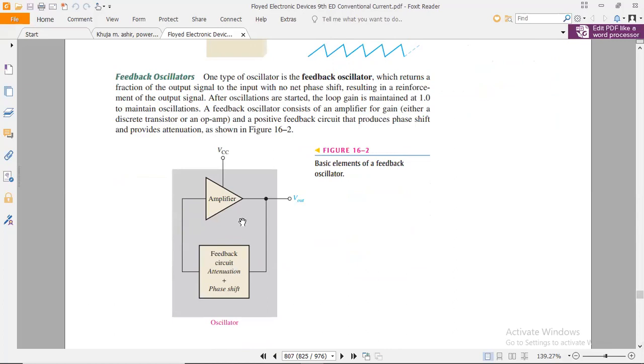We can see that the amplifier is connected with the feedback circuit with attenuation plus phase shift features, in which we take feedback from the output side and provide it to the amplifier. This way we can control the output as an oscillator, providing a VCC supply as a source to the amplifier, and the output would be generated. This is the basic principle on which oscillators work.